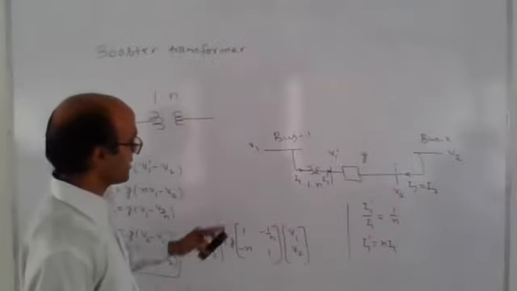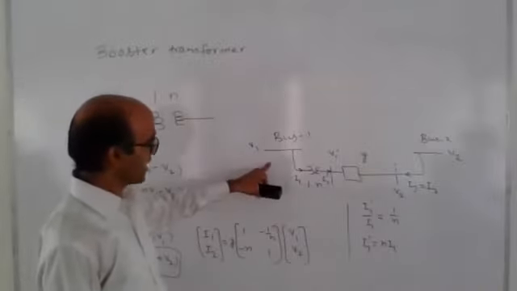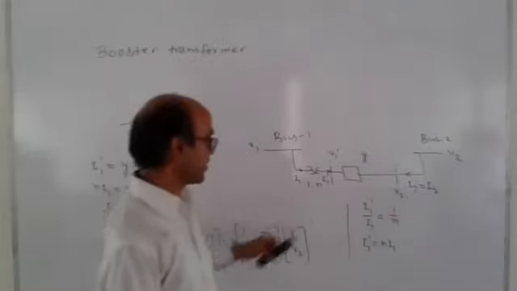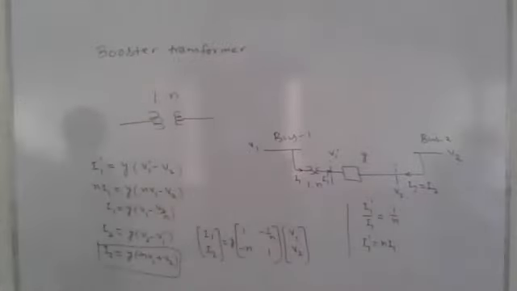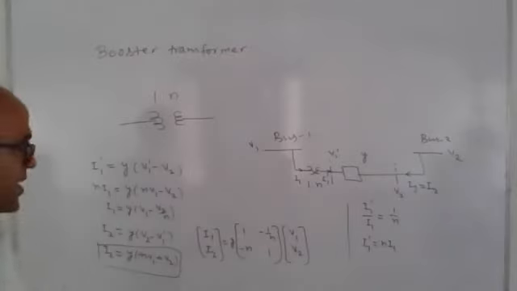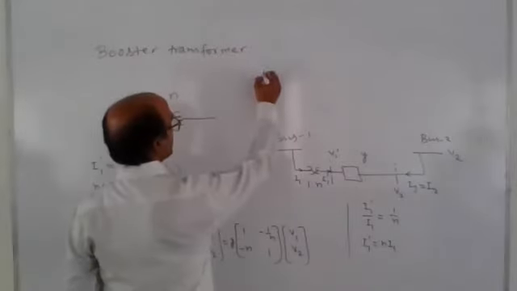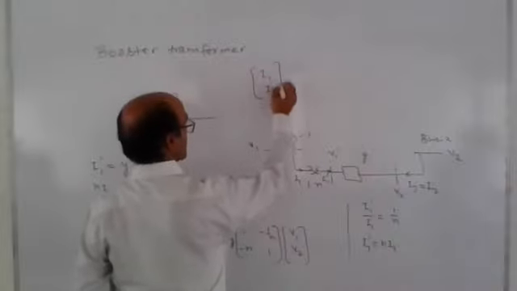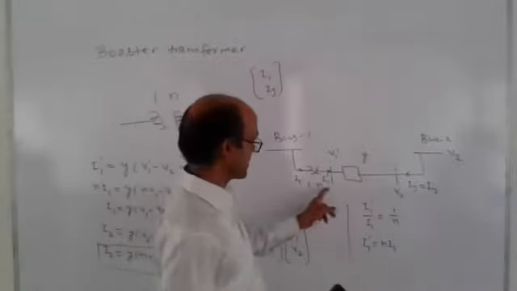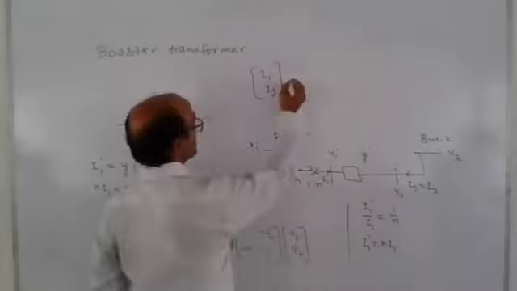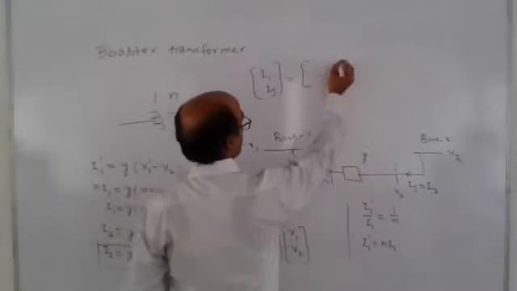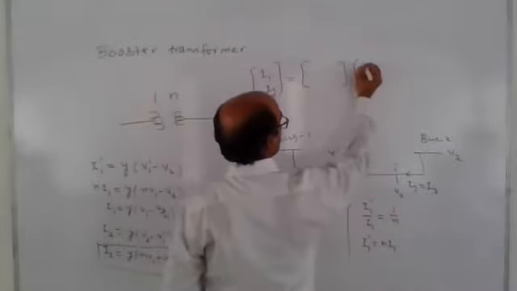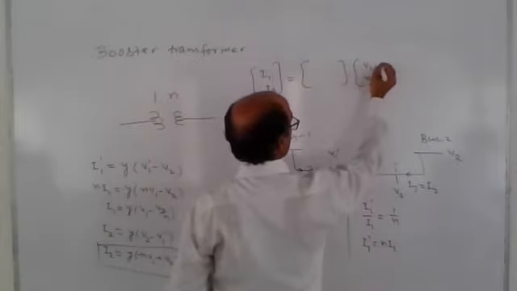Okay. What we want to find here is Ii and Ij in terms of Vi and Vj. Okay. So your task is how to find Ii, Ij. I am finding only at these points, in terms of Vi and Vj.